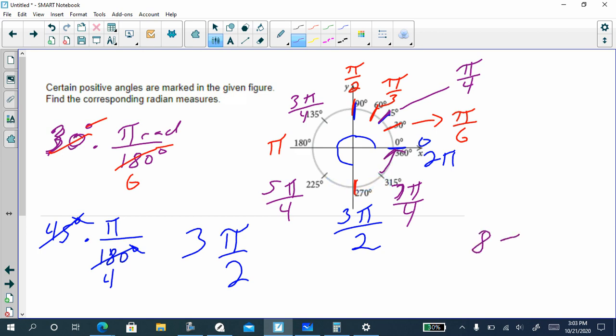Of course, 8 pi over 4 is just 2 pi. So just by knowing the radian equivalent of 30 degrees and 45 degrees, we can convert all the other ones by just doing multiples of pi over 6 or pi over 4.